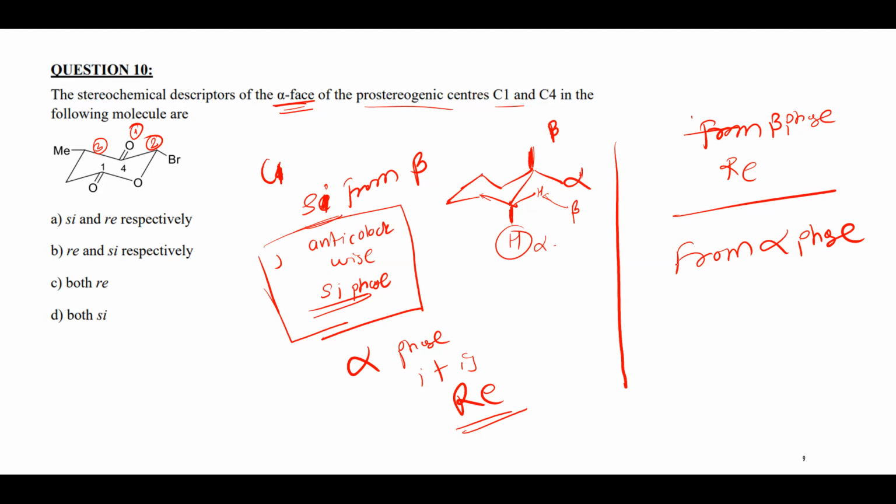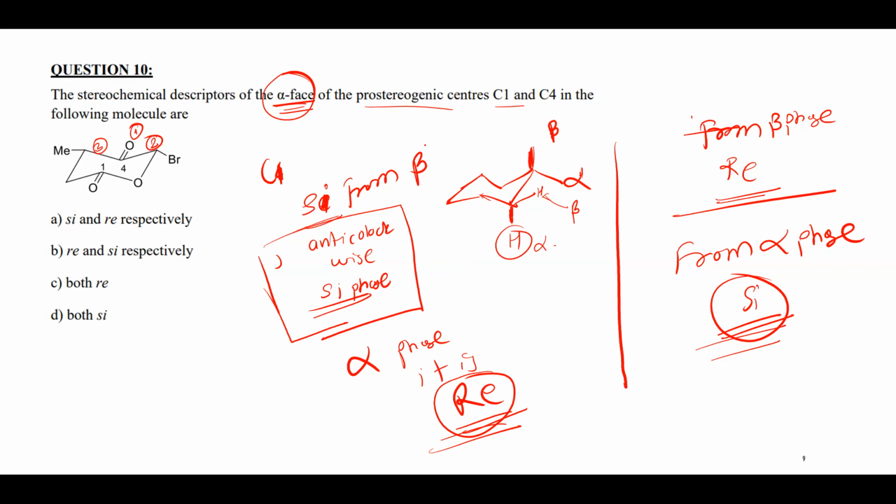If I look from the upper side, it looks like the Re face, and from the alpha side, it will definitely be the Si face. You can always try your own method, but I like to visualize from the upper side, and whatever they ask for, alpha face, I just reverse the configuration I got. So this is just a simple example.